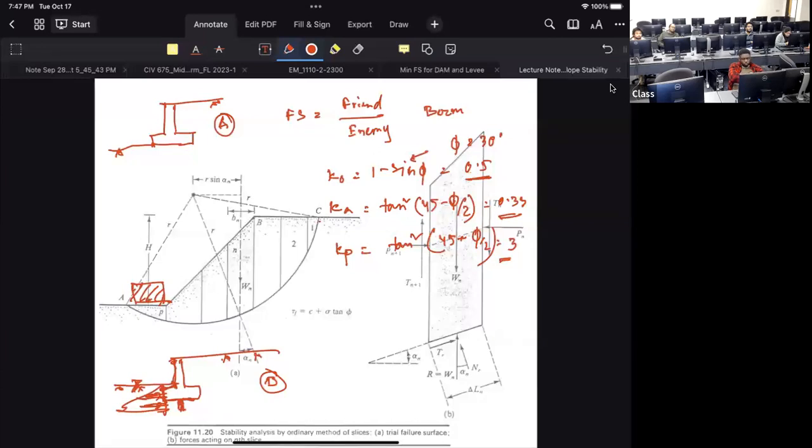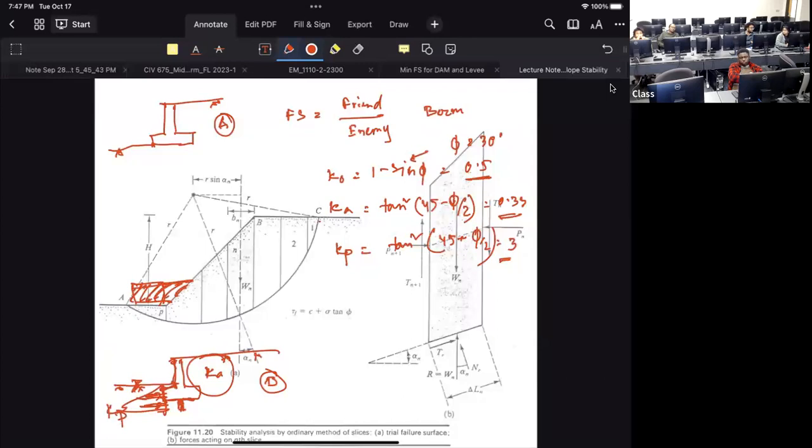So on the retaining wall, this side is the active side, the KA condition. The opposite side is the KP condition. So when you create a berm like this, it will create a passive condition, so your resistance will be much higher.